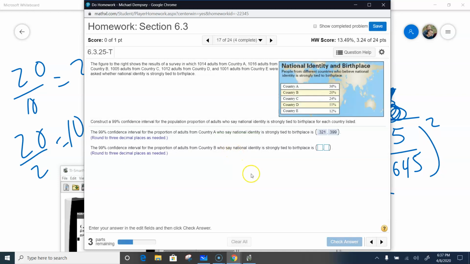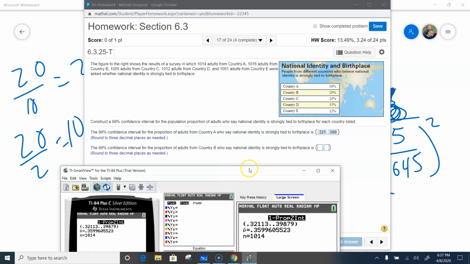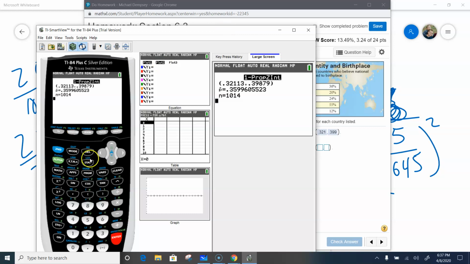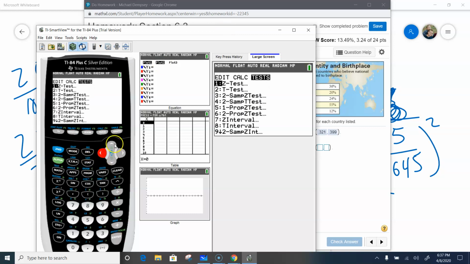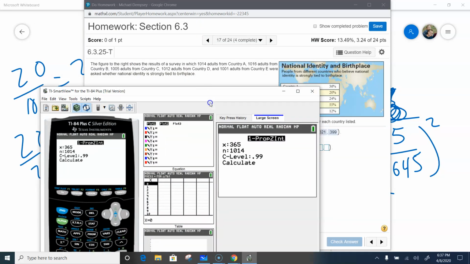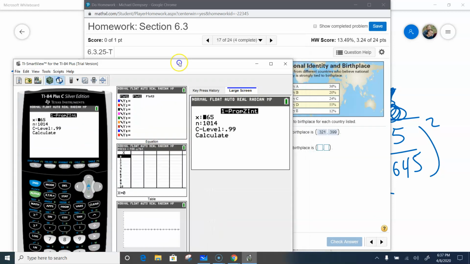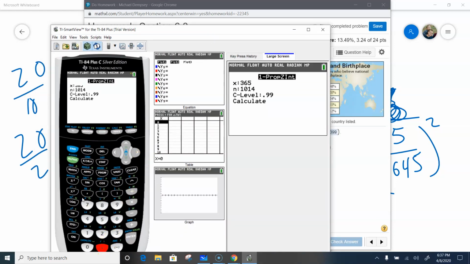Okay, I'm going to do it again, except this time I've got 20% out of 1,016, so I'll show you one more time. Stat, test, 1 proportion z interval. So what do we have now? 20% out of 1,016 from country B. So 0.2 times 1,016, and that's out of 1,016.